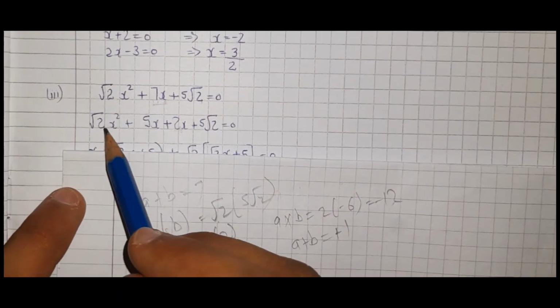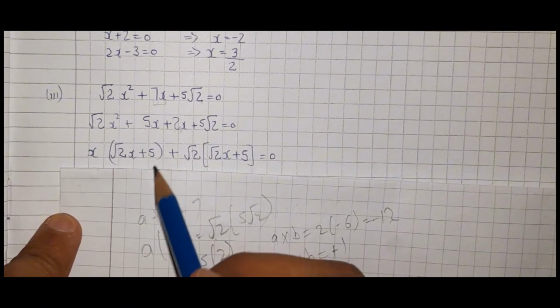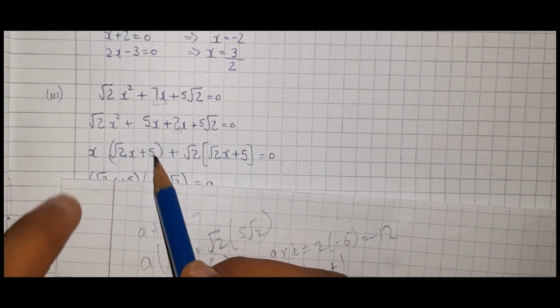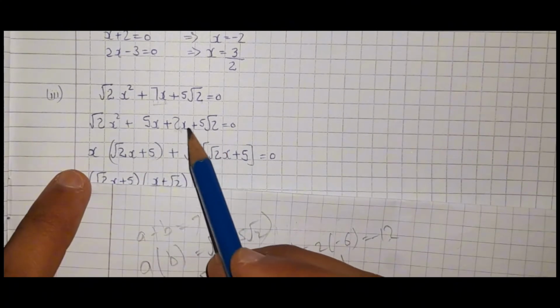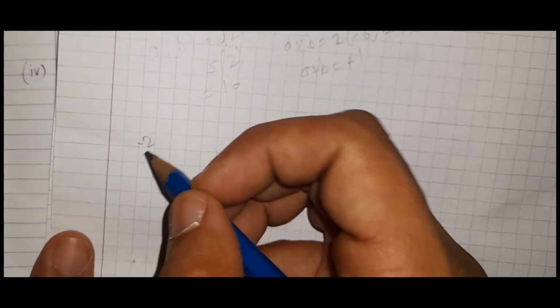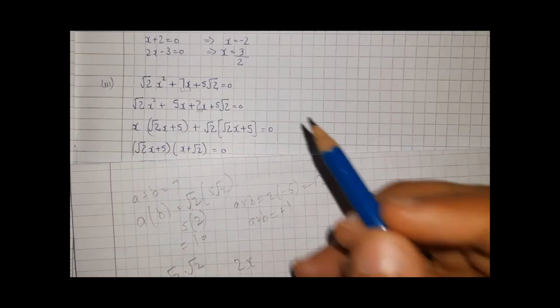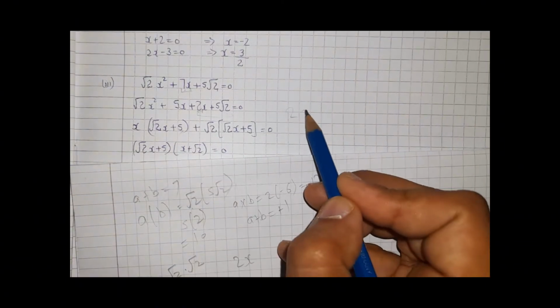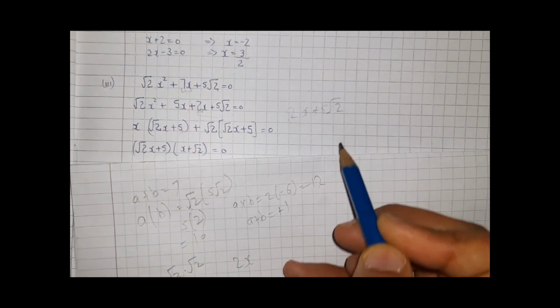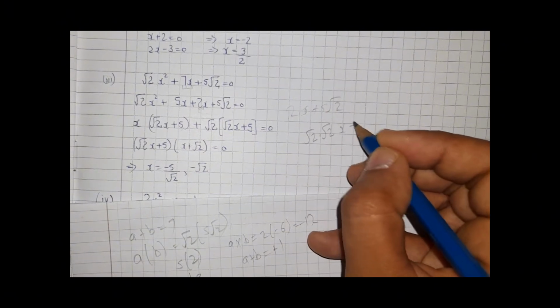Now taking common from the first two terms, we will have x outside the brackets, root 2 x plus 5 inside. From the last two terms, we can write 2 as root 2 into root 2, so 2x plus 5 root 2 can be written as root 2 into root 2 x plus 5.